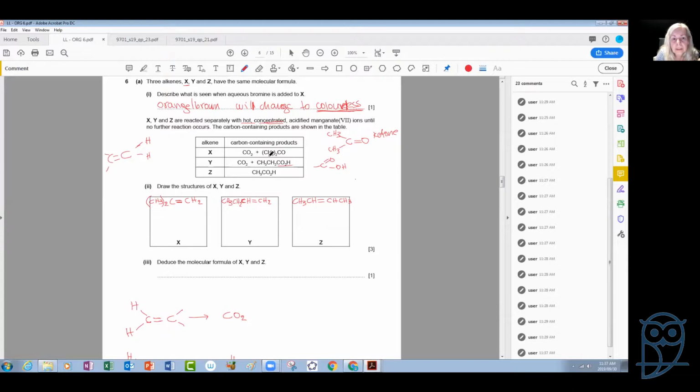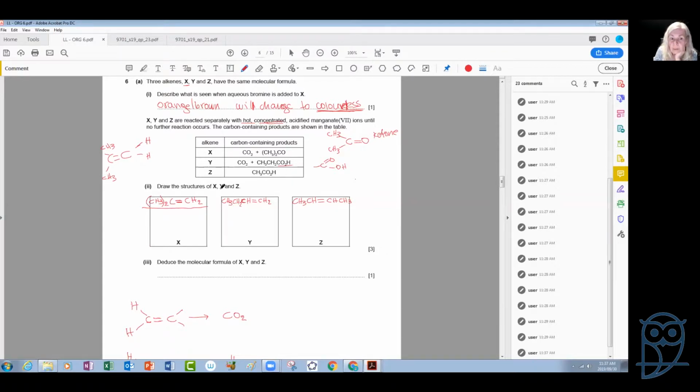Which groups are these? Here they are, the methyl groups. So here is compound X. If we write it in this form, the structural formula of the molecule, this is what we are going to get.